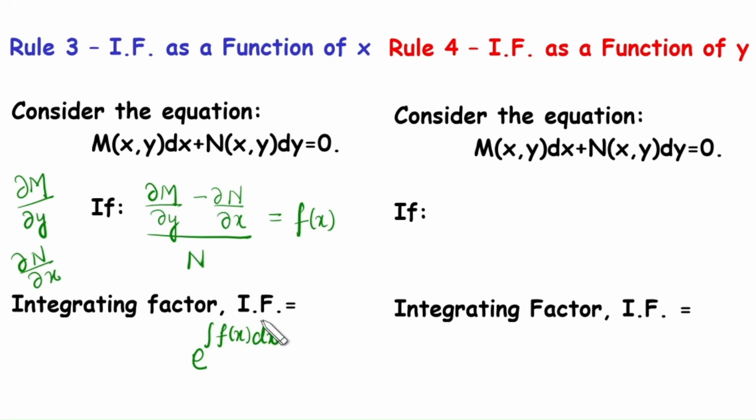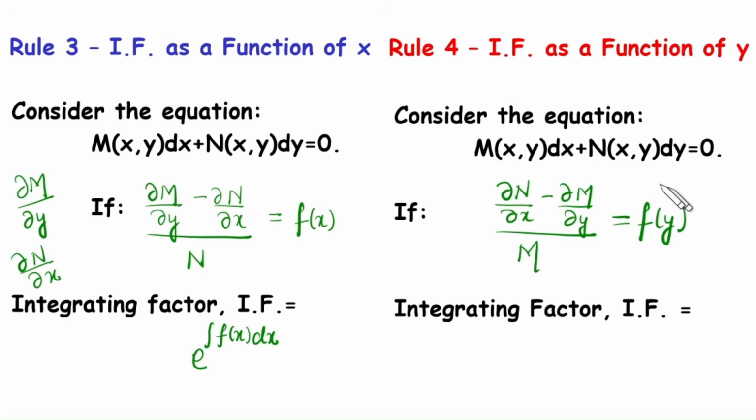On the other hand, if we take the difference like this, partial derivative of N with respect to x minus partial derivative of M with respect to y, and then divide by M, that is this, and this results in a function of y only, then the integrating factor is calculated as e raised to the power integration of this function with respect to y.